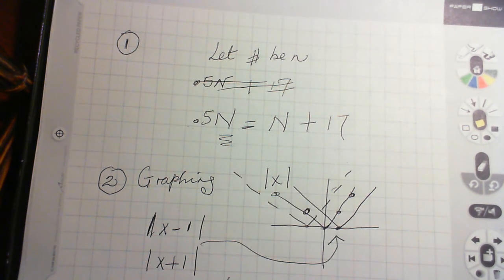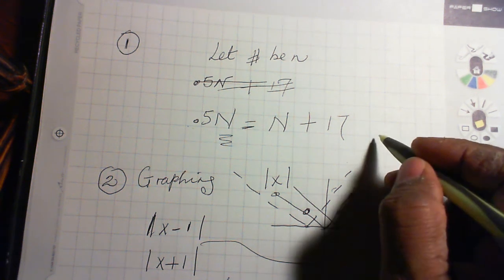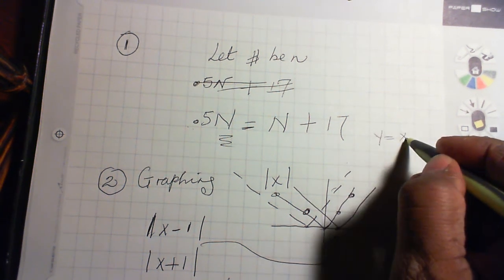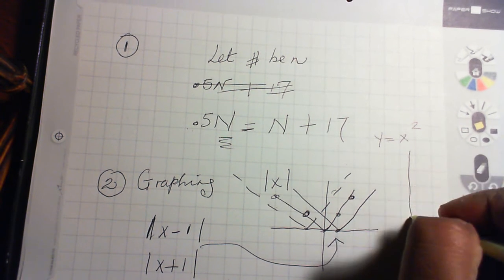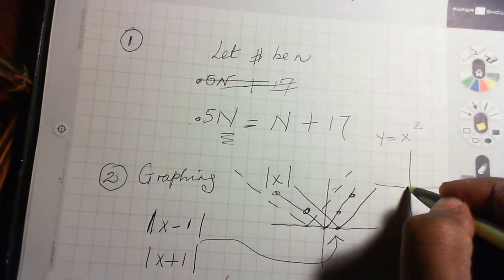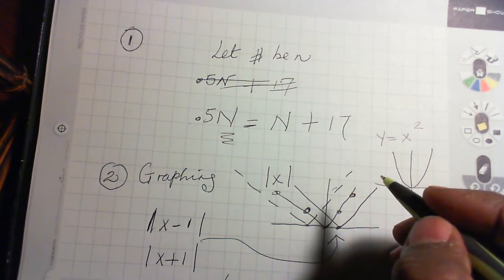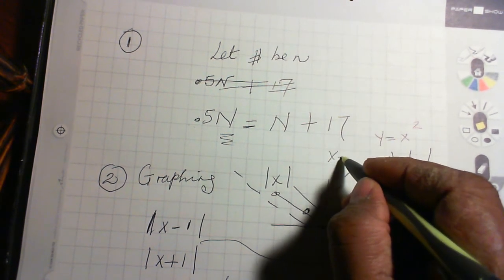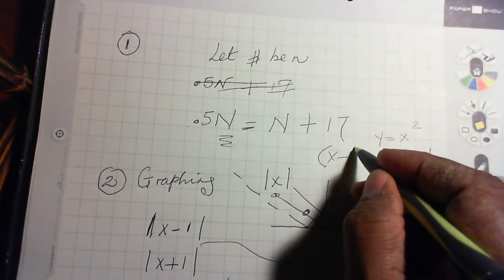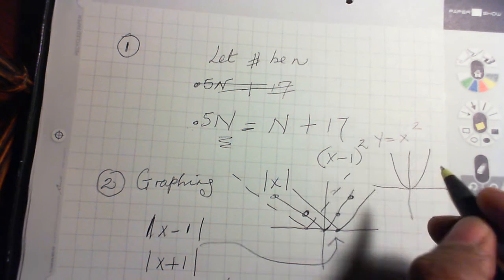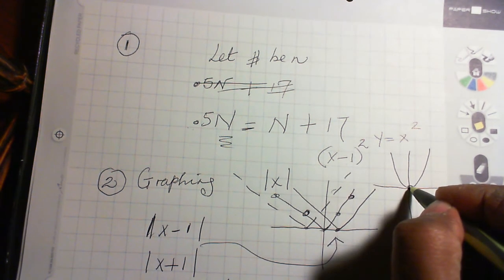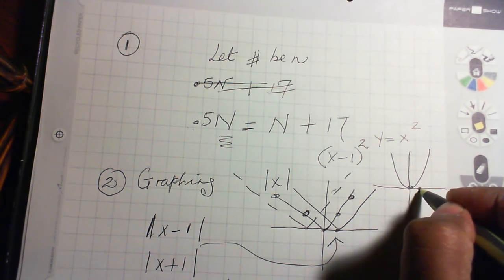By the same token, if you were given the graph of y equals x squared, which is a U, if you remember right, a parabola. If you were going to look at x minus 1 squared, you would take that U and shift it to the point 1.